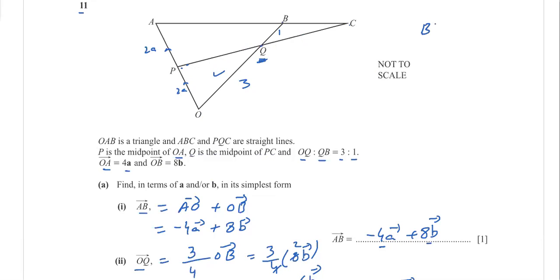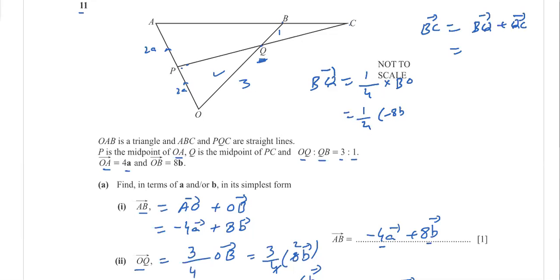BQ is the ratio of BQ over the sum of ratios multiplied by the vector BO, 1 over 4. We are given OB, so BO will be negative 8B, which gives minus 2B.